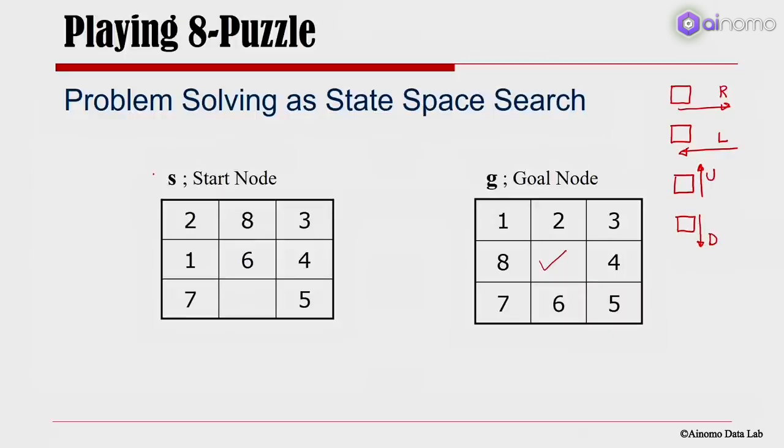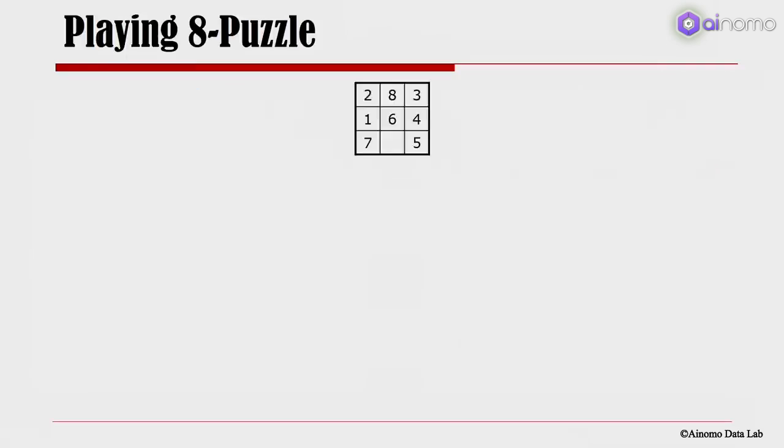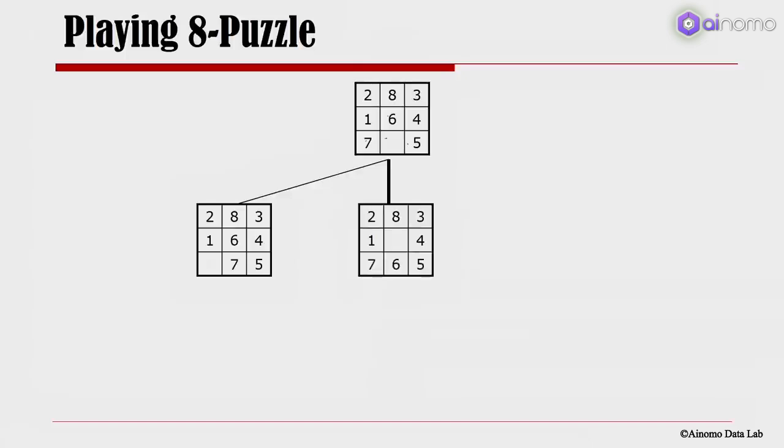Given this start state S, the goal state G, and these 4 operators, let us try to understand problem solving as state space search. At this point, of the 4 operators, 3 positions are possible. The empty could go up, the empty could go left, or the empty could go right. So these are the 3 configurations that can be arrived at from the given start position.